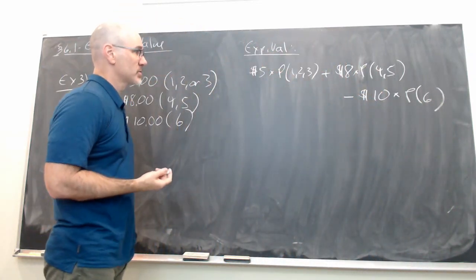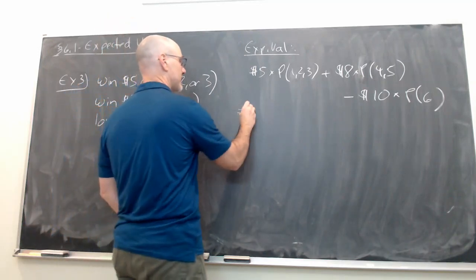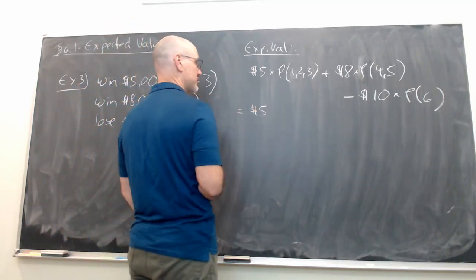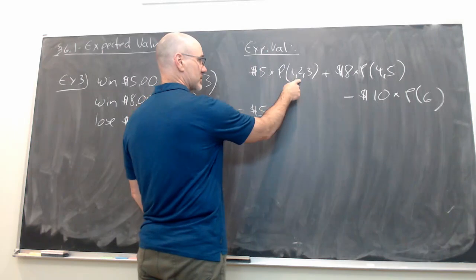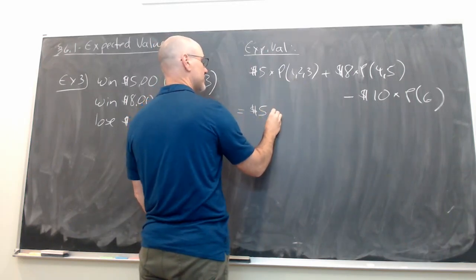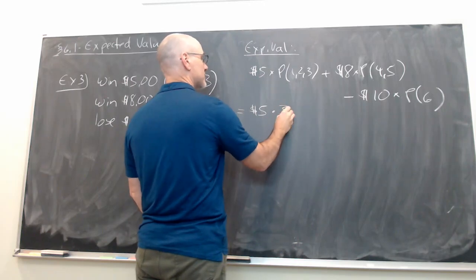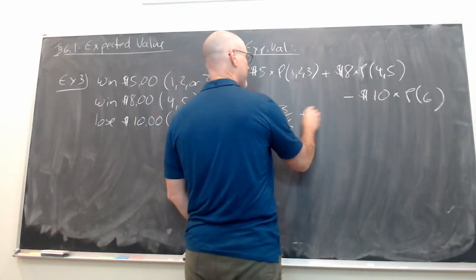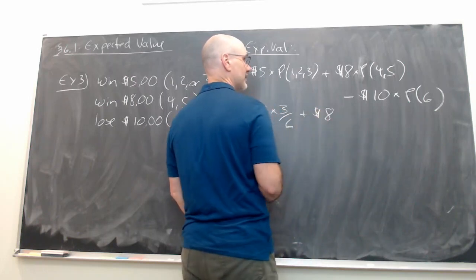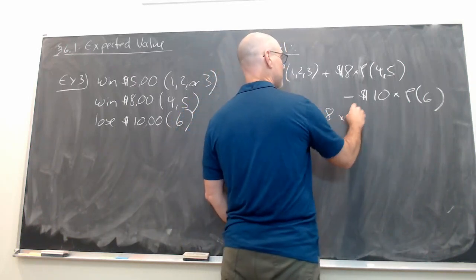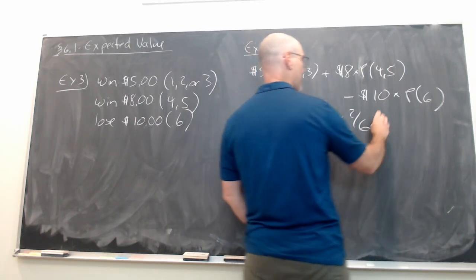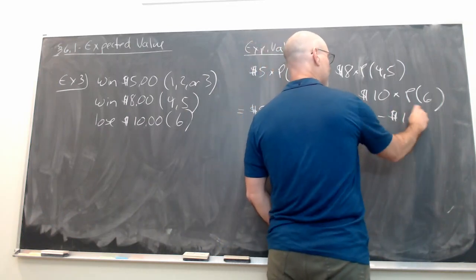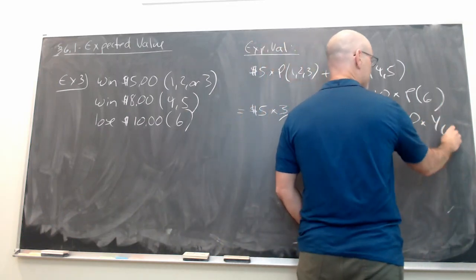So we have to use the fact that it's a fair 6-sided die, and we'll get expected value is $5 times 3 ways of winning $5 over 6. So that's 3/6 or a half. We have $8 times 2/6 or a third. And $10 times 1/6.